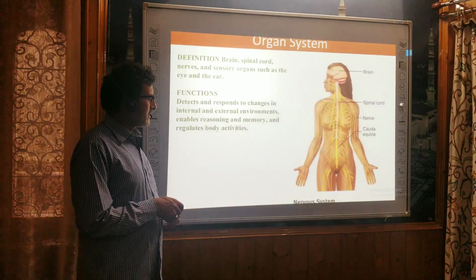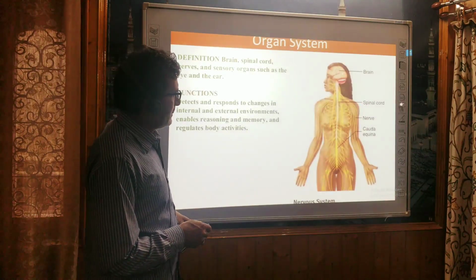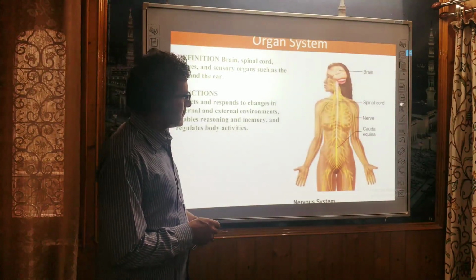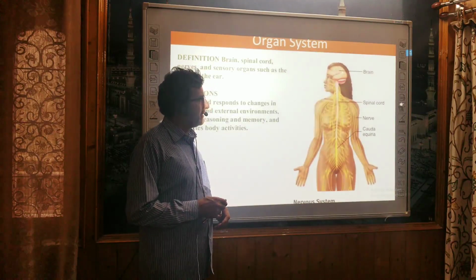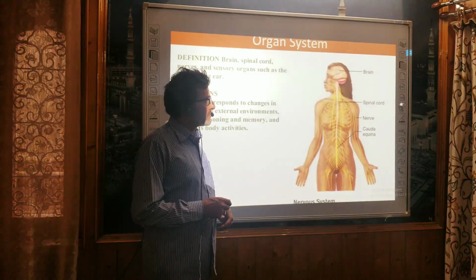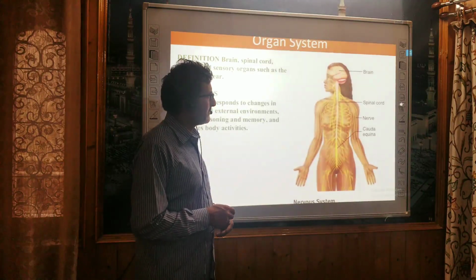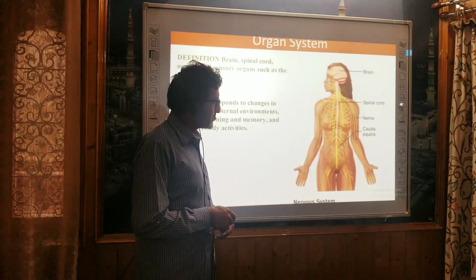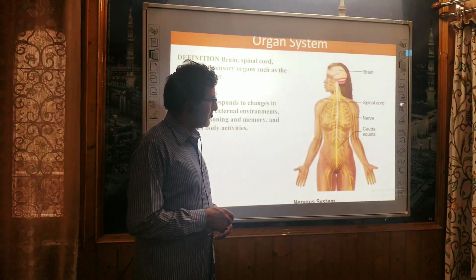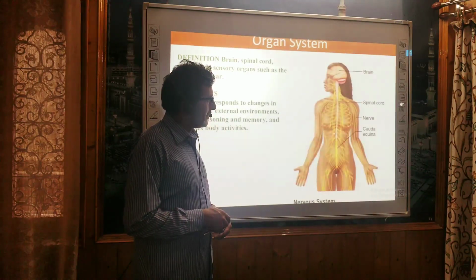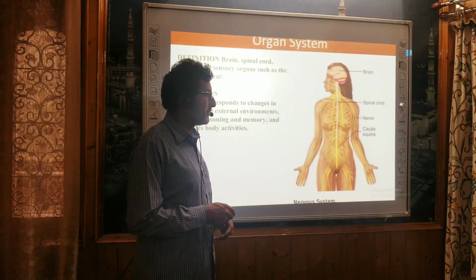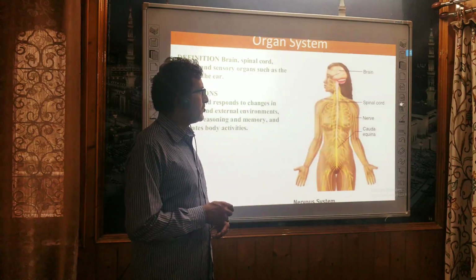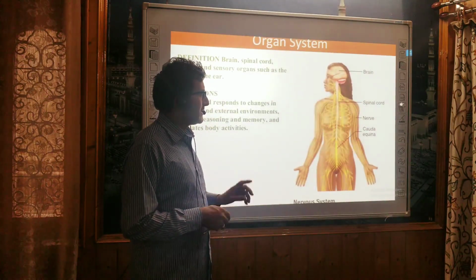Next system is the nervous system. In our body we have a controller, our brain. Brain has 12 pairs of cranial nerves which maintain the central nervous system, and 31 pairs of spinal nerves which are connected to each and every body system and every organ, and control all the activities inside the body.